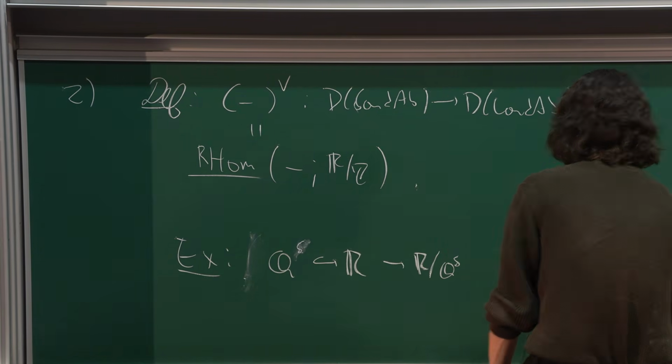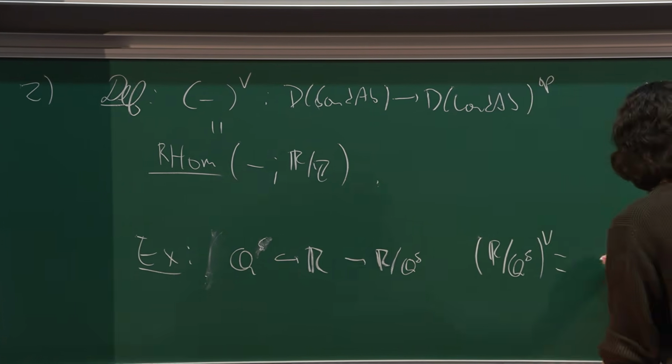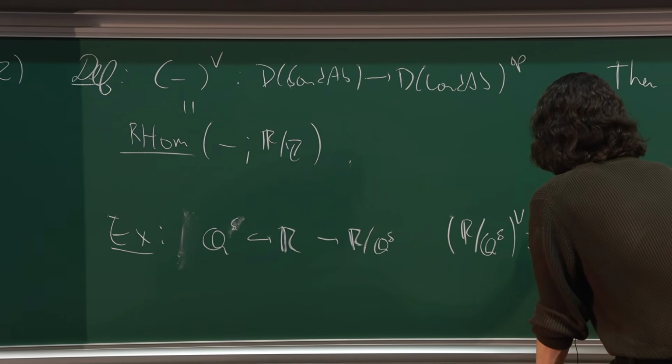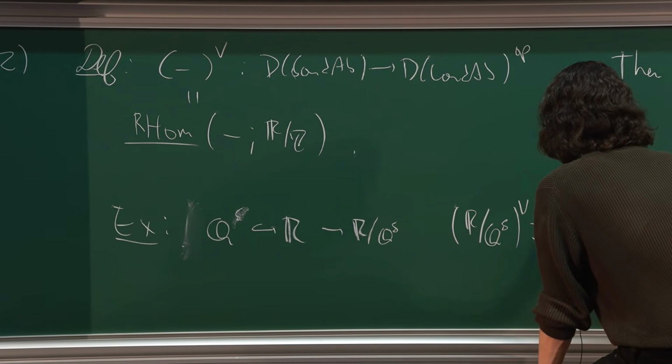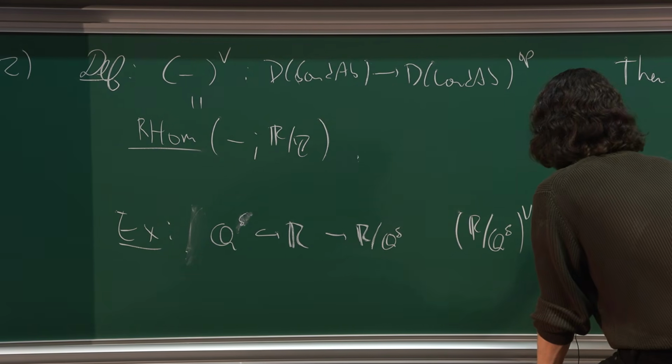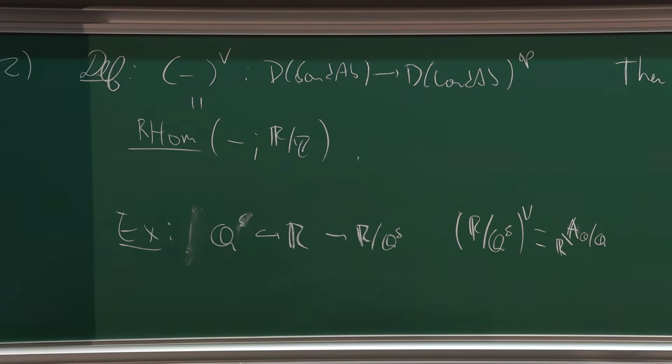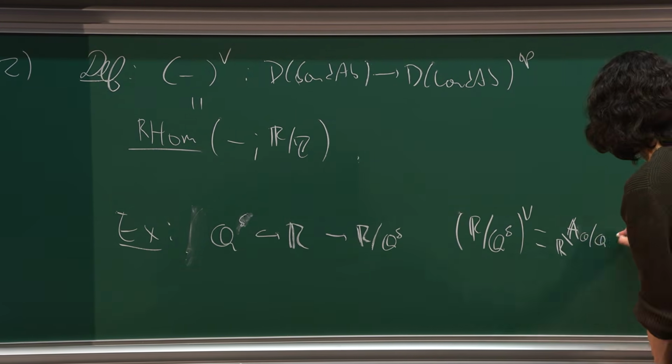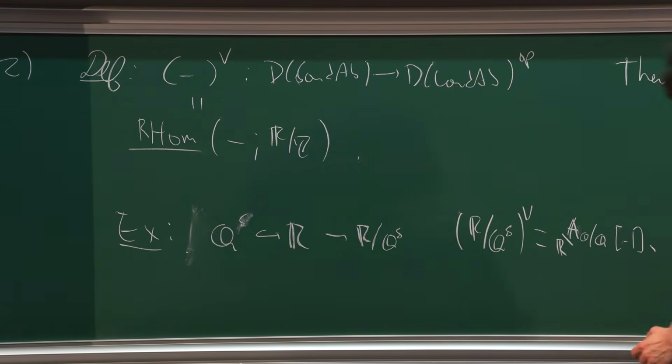Well, it's actually just the adeles of Q mod R, and then shift it down by -1. Okay, just a calculation you can do.